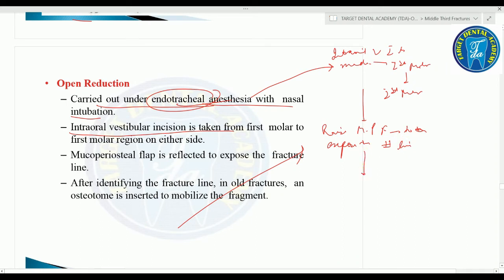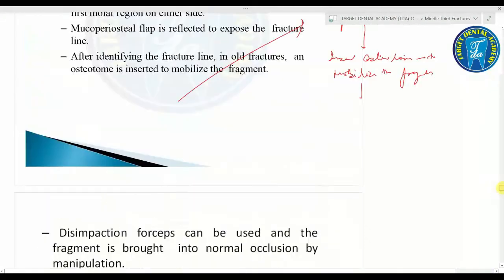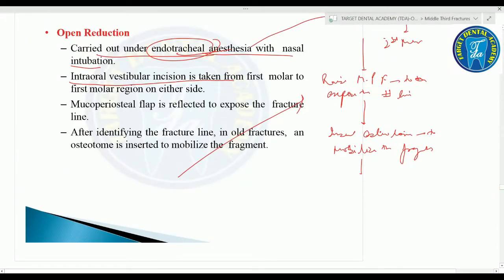Fine. After exposing the fracture line, you need to insert the osteotome to mobilize the fragments. After mobilizing the fragments, you will use the disimpaction forceps.